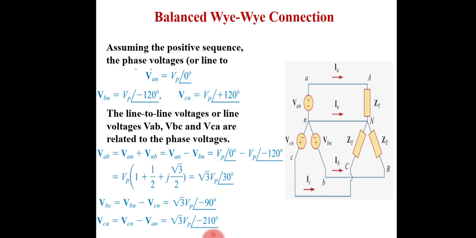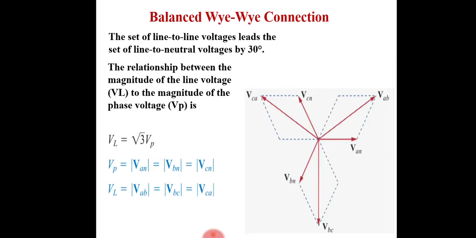So tan inverse of √3/2 times 2/3, that means tan inverse of 1/√3, which is equal to 30 degrees. So VAB, the line voltage, is equal to √3 times the phase voltage with angle 30 degrees. Similarly, VBC is equal to VBN minus VCN, which is √3 VP with angle minus 90 degrees, and VCA is equal to VCN minus VAN, which is √3 VP with angle minus 210 degrees.